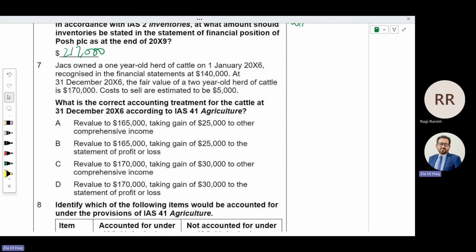How can we verify gain or loss by comparing fair value less point of sale cost?